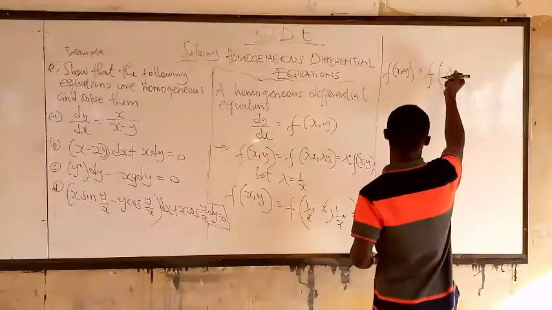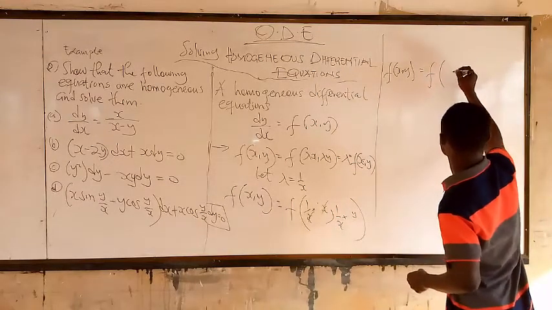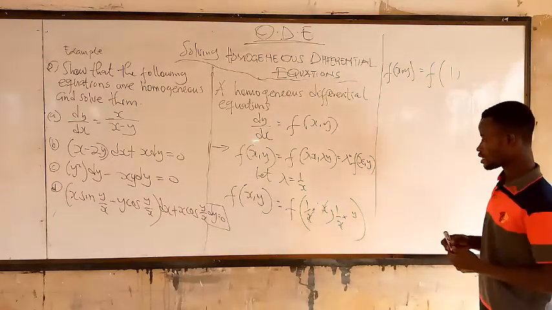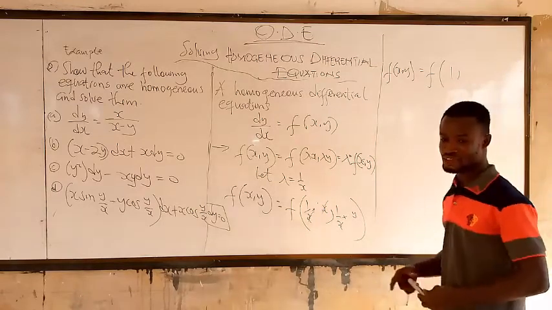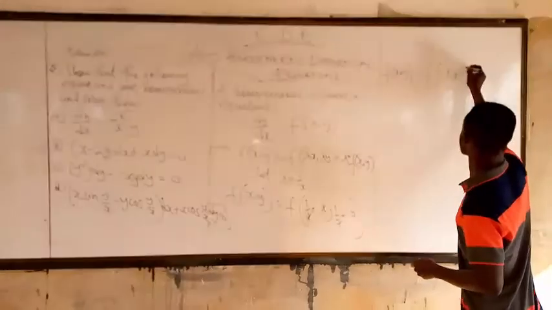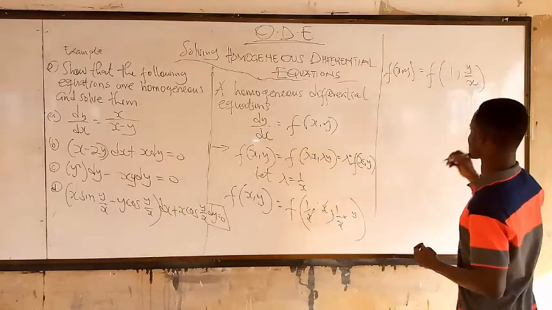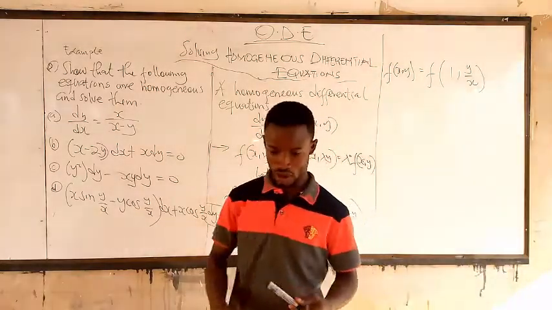Here we are going to get 1, and with this side we are going to get y over x.